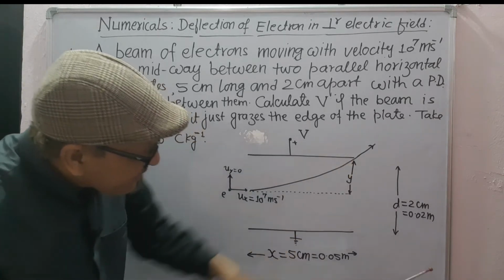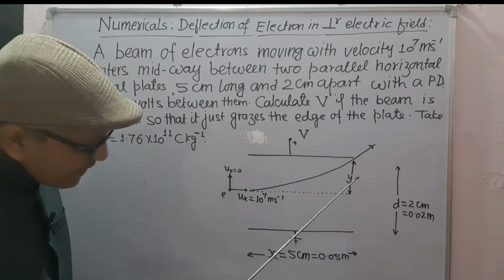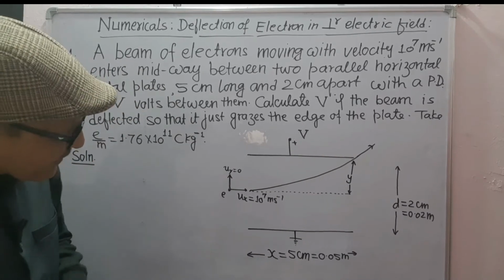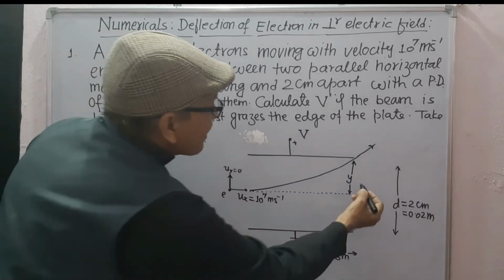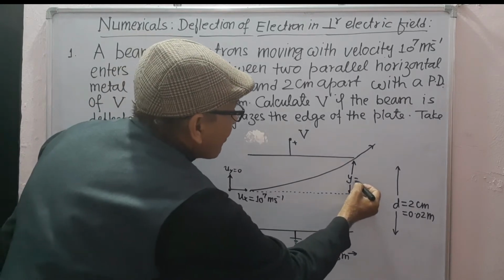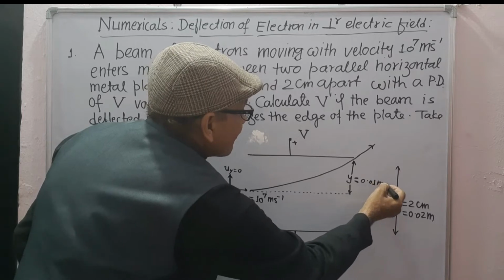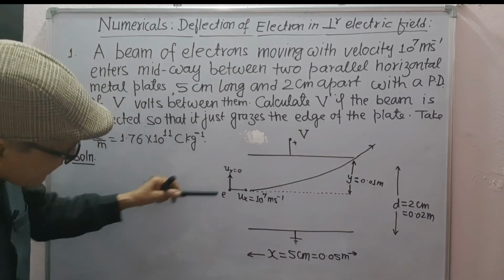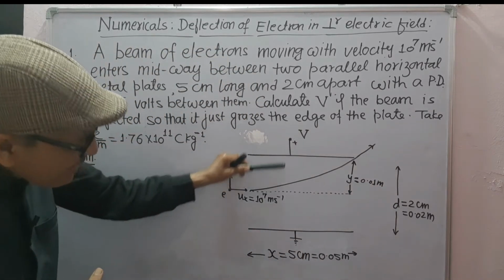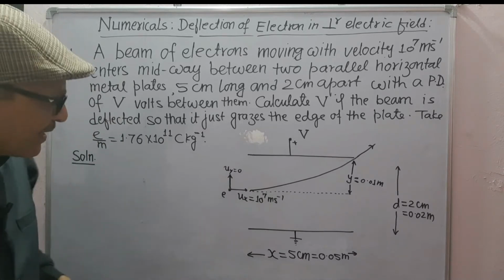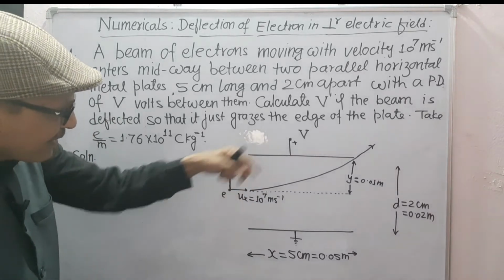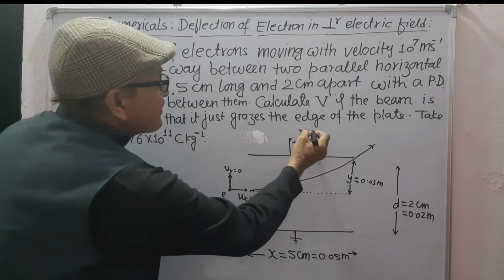The total d is 2 cm, therefore y will be 1 cm, that is 0.01 meter, because the electron is entering midway between the two plates. Now we have to find the potential difference V.